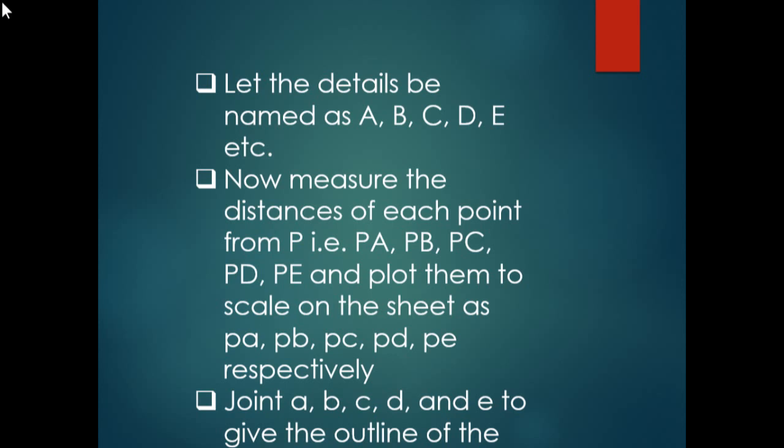Next, let the details be named A, B, C, D, E, etc. Whatever you keep, it should be visible and you should know that point. Now measure the distance of each point from P, like PA, PB, PC, PD, PE, from the center to all the points.